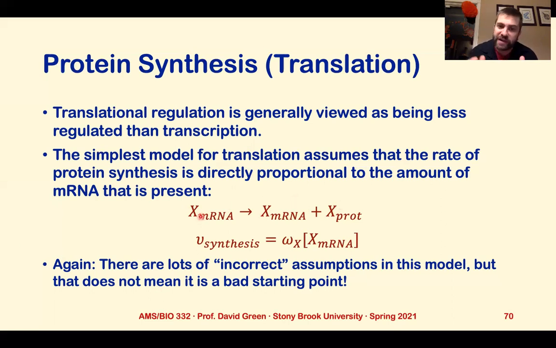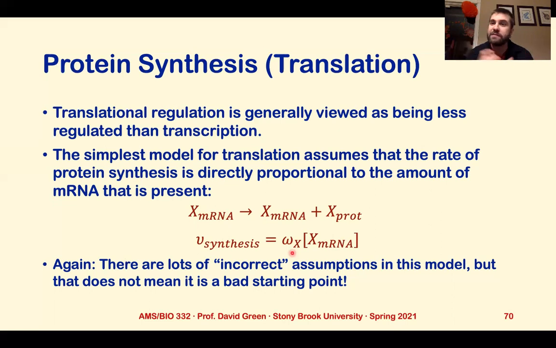A single reactant, if you will, gives a reaction whose rate is dependent on that. If we have more template, we can make more protein. There's a ton of assumptions in this. A major assumption is that ribosomes and all of the building blocks are not limiting, that what's limiting the rate of the reaction is the amount of template. And if we increase that, we'll increase the reaction rate.